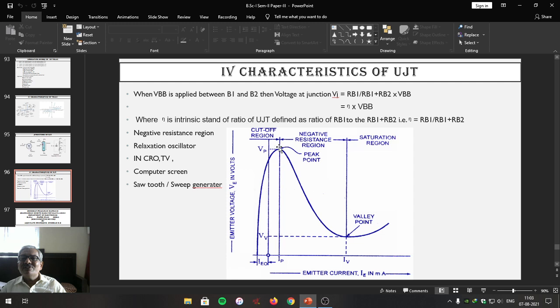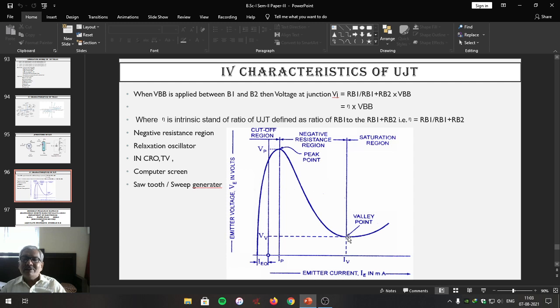This negative resistance region continues till the valley point is reached, meaning thereby at the valley point voltage is minimum, and current is maximum.